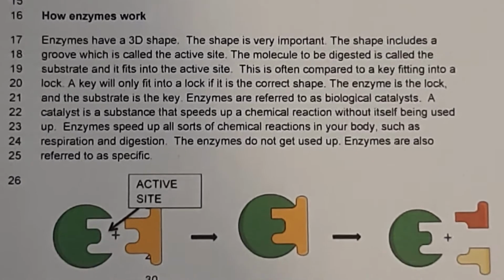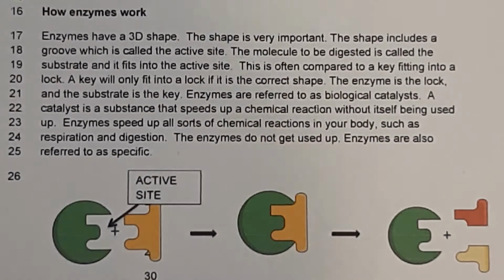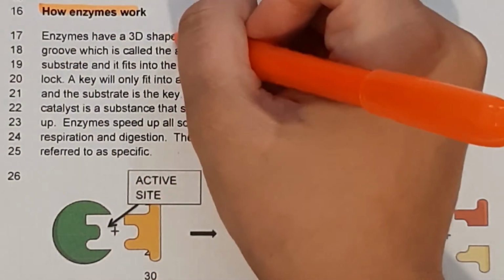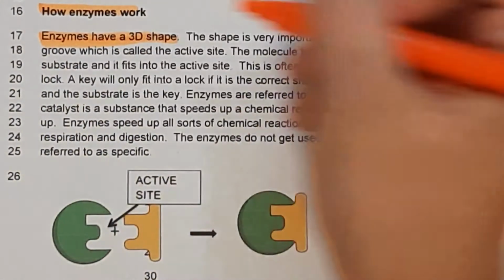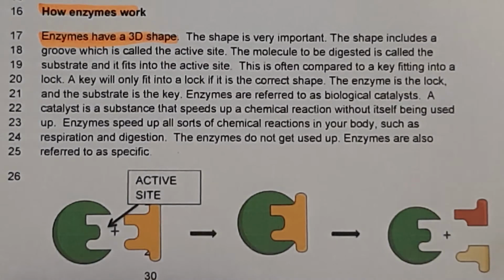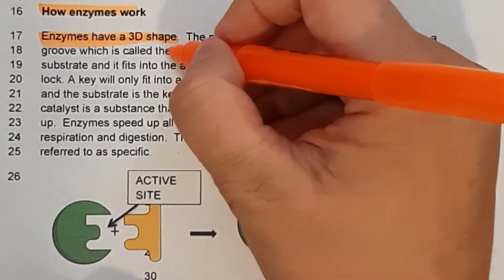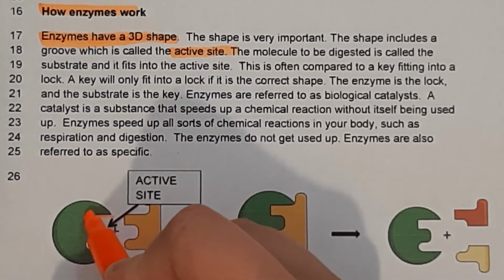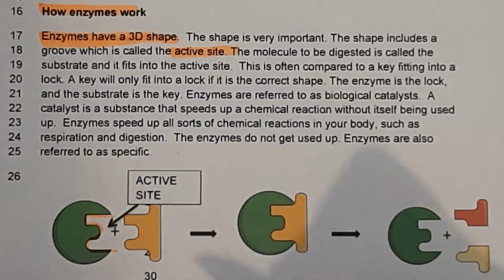Enzymes have a three-dimensional shape, a 3D shape. That's really, really important. They're very much a 3D thing. And the shape includes a groove, which we call the active site. On this picture below, you can see this groove shown here. They don't look exactly like this, but it's very similar.